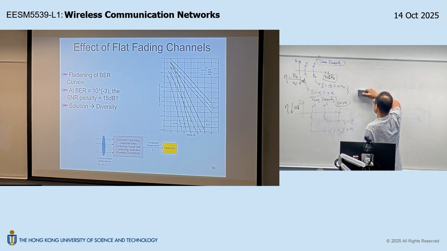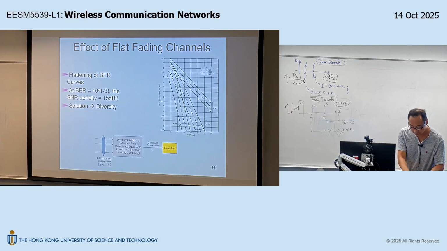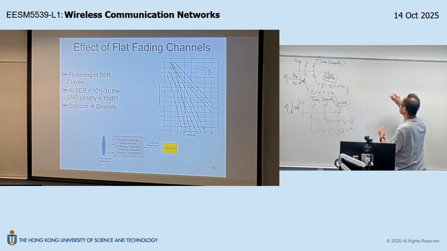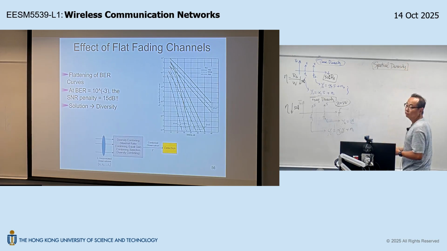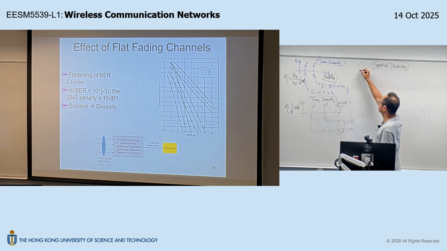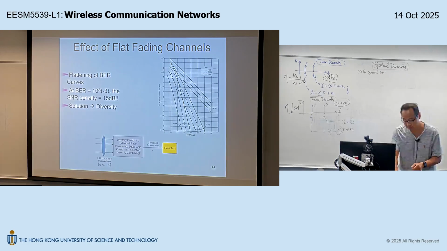Now for space, we have two versions. This is called spatial diversity. For spatial diversity, we can have something called receive spatial diversity. That is, we install multiple antennas on the receiver.